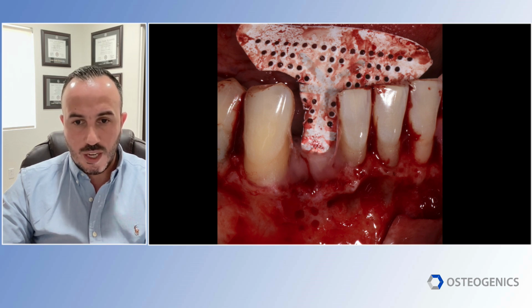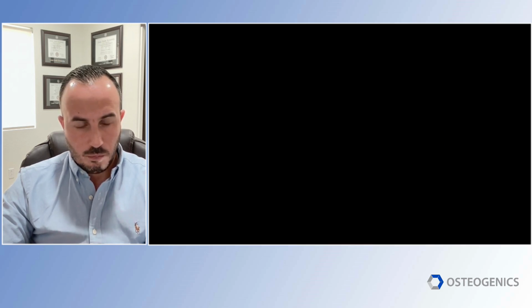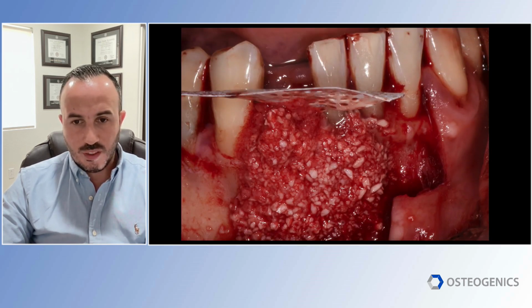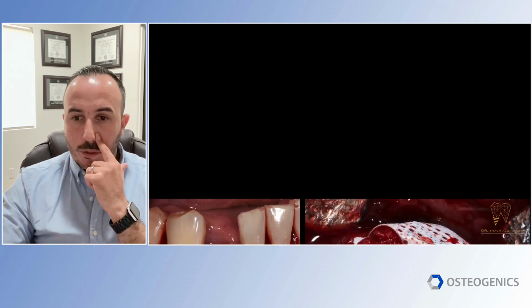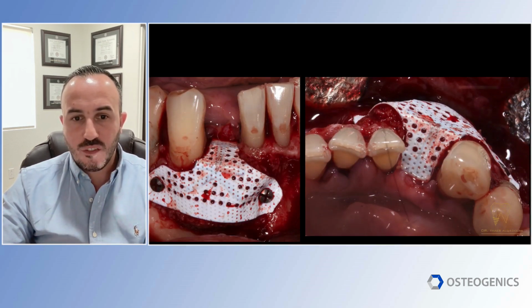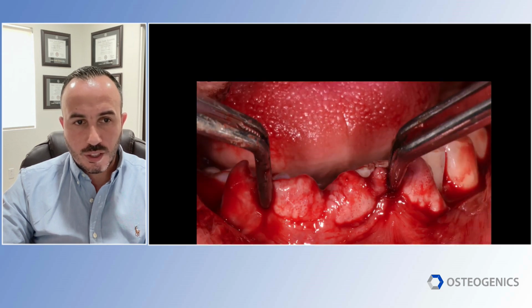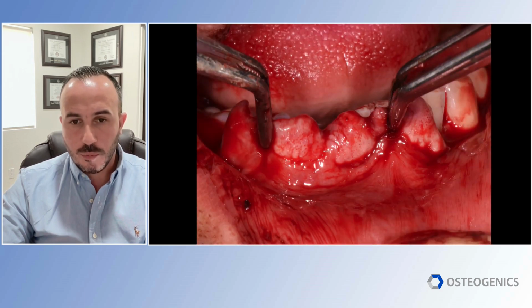Here at that time we use enamel matrix derivative on the adjacent teeth roots, mix it with the bone graft, and then using a titanium reinforced PTFE, the RPM, the perforated one, and fixate it with screws, and then lay a non-cross-linked collagen membrane on top of it.